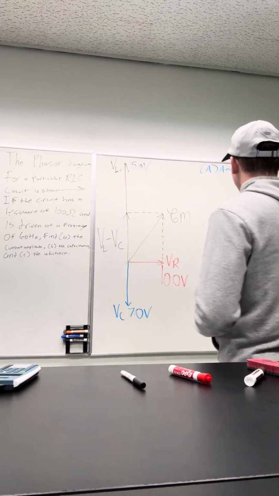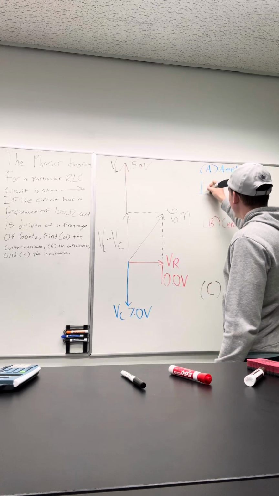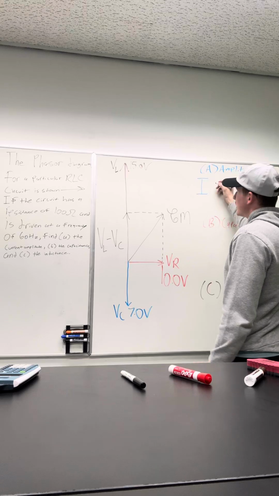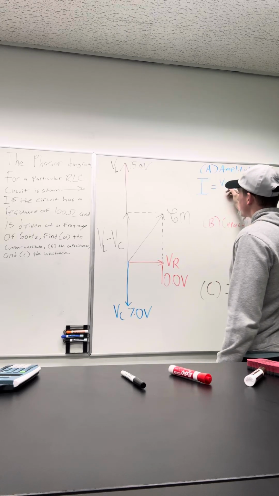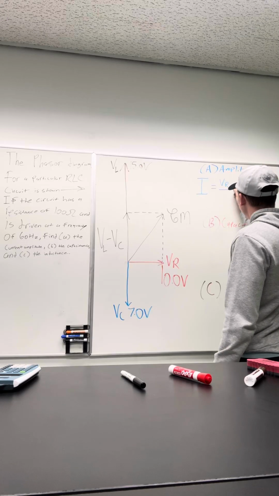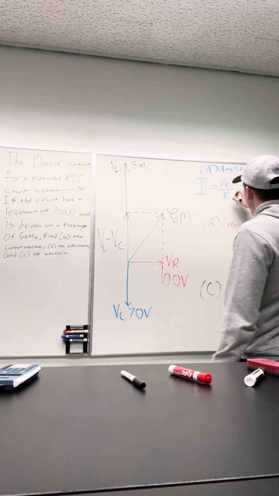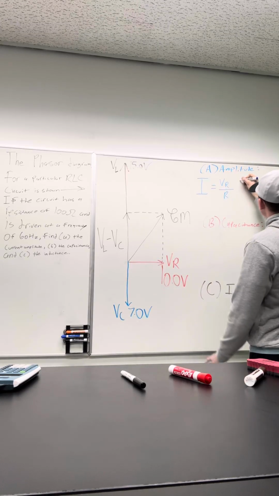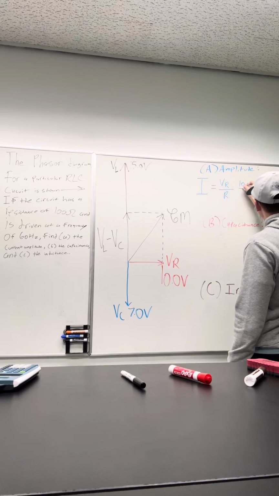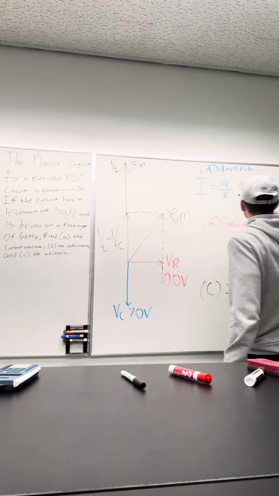Start off to find the current amplitude, which is labeled as I. To find this, it would be I equals VR, which is the voltage across the resistor, over R, which is the resistance. We plug in the given numbers. So VR would equal 10 volts, so 10 volts over 100 ohms, which is given in our problem for our resistance.